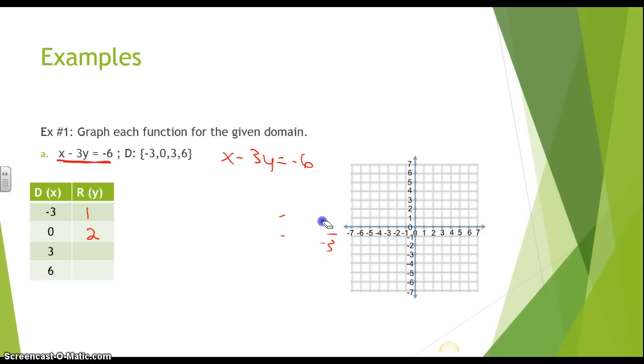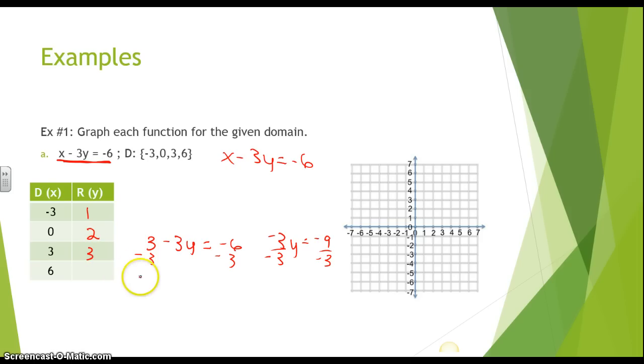Now let's solve with the formula for x equaling 3. So we have here 3 minus 3y equals negative 6. Subtract 3 from each side. So we have negative 3y equals negative 9. Divide by negative 3. So y here is going to equal 3.